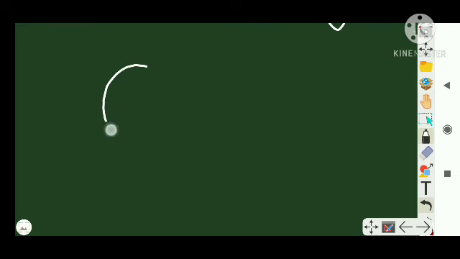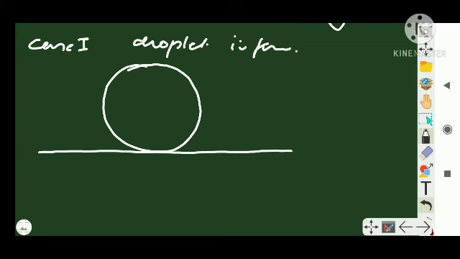Okay, so listen to this one. Suppose this is a droplet. We are going to talk about case 1, when the droplet is formed, when the angle of contact is obtuse. Consider we have a solid surface and a droplet of water, which is the liquid, and we have air here.